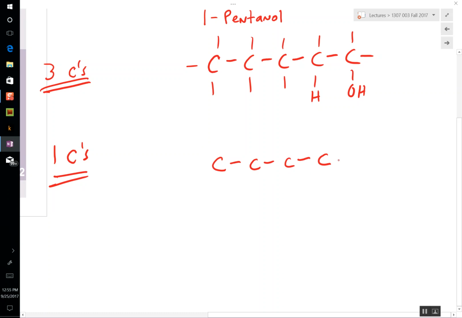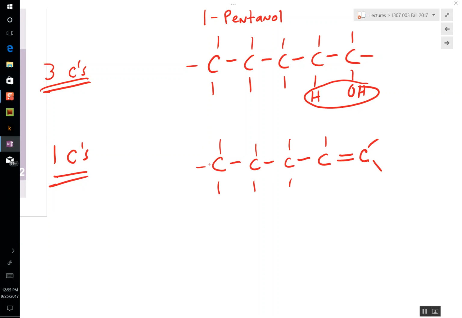1-pentene. All right, we're going to remove that right there. There is only one place. The correct answers to these kinds of questions are going to have the double bond in a particular place. It's not just that it produces an alkene, it produces a particular alkene.